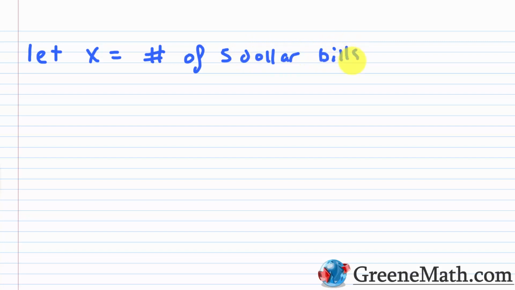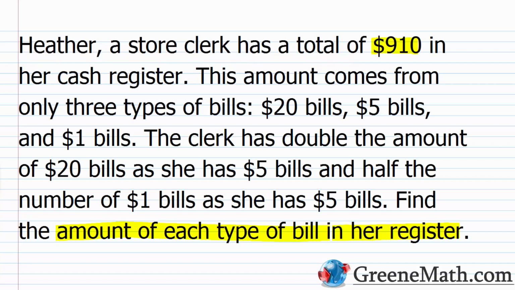So let's let x be equal to the number of $5 bills in her register. What can we say about the number of $20 bills and the number of $1 bills? If we go back up, it says specifically, the clerk has double the amount of $20 bills as she has $5 bills.